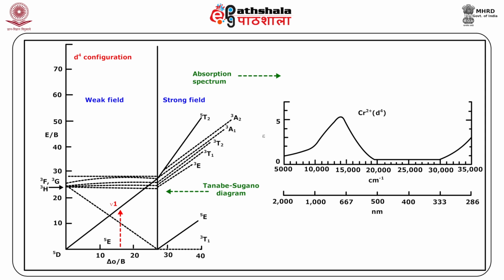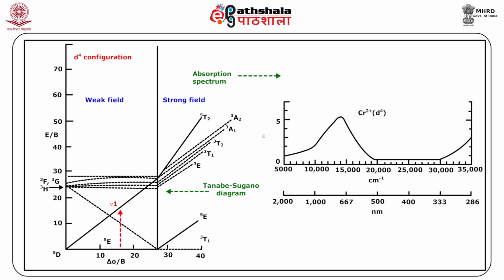The diagram for the d4 case is represented in the figure, which shows the Tanabe-Sugano diagram along with the absorption spectrum for a d4 configuration. From the Tanabe-Sugano diagram, it can be observed that on the left of the vertical line is weak field, up till the value of 27 for delta naught by B.